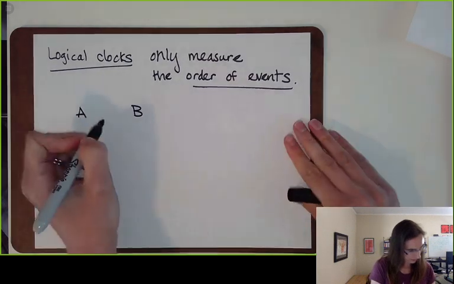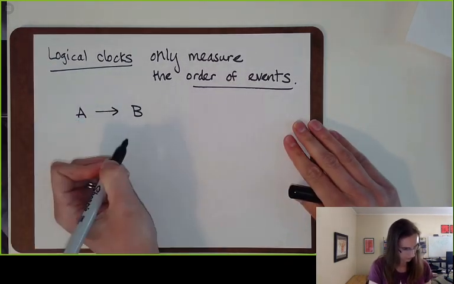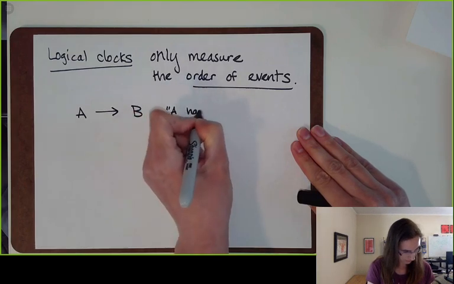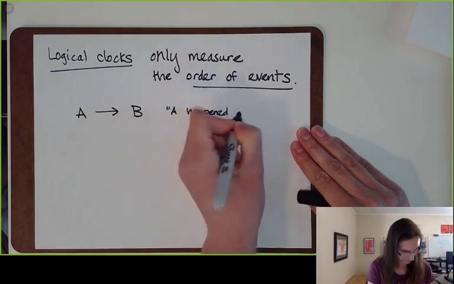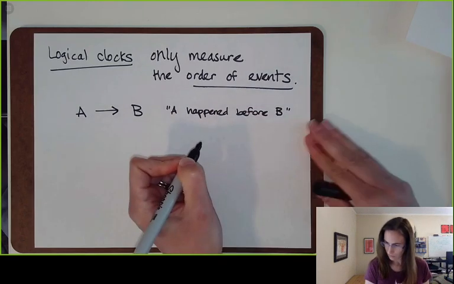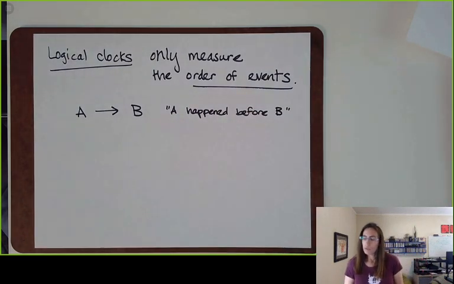We'll write A arrow B, and this is pronounced A happened before B. Okay. If I know that A happened before B, how is that useful? What can I do with that information? What do you think?